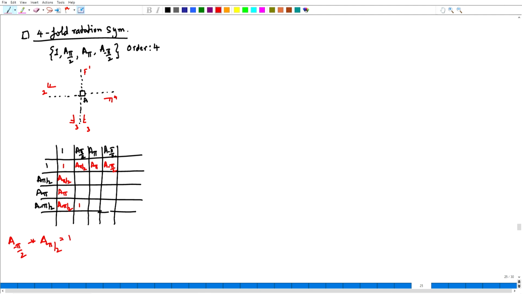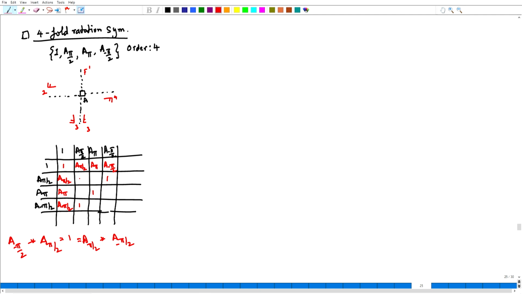Same thing, I can look at a pi, a 180-degree rotation, follow it up with another 180-degree rotation, and that would again basically be a 360-degree rotation, making it an identity operation. A minus pi by 2, this time clockwise 90 degrees, follow it up with a pi by 2. So, this again results in identity, and the rest of the elements let me just fill mechanically.